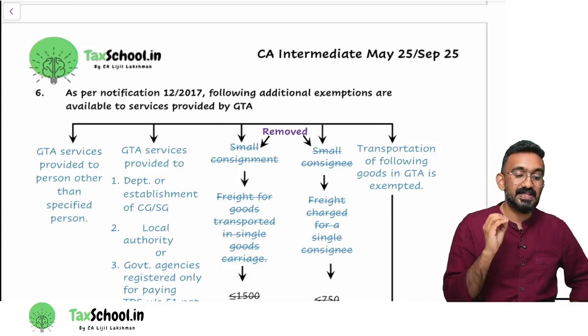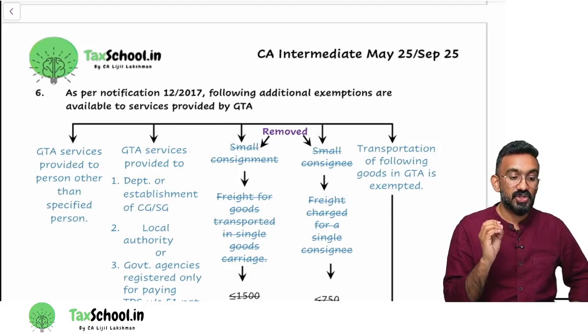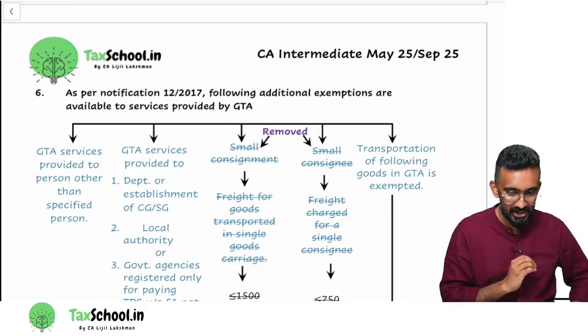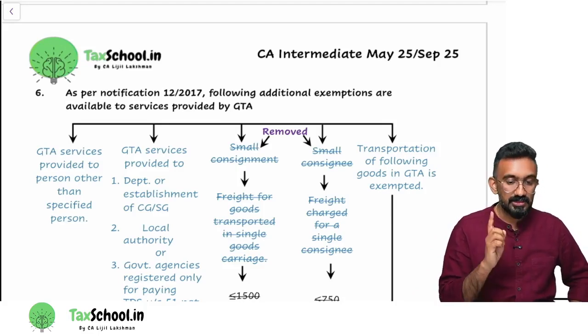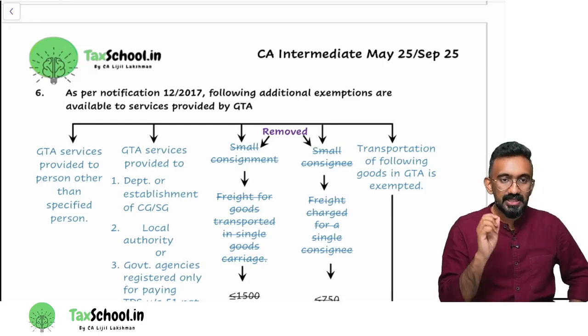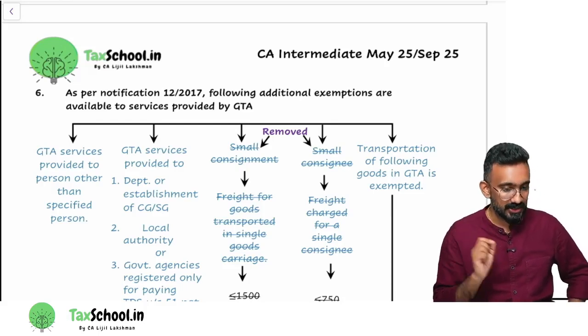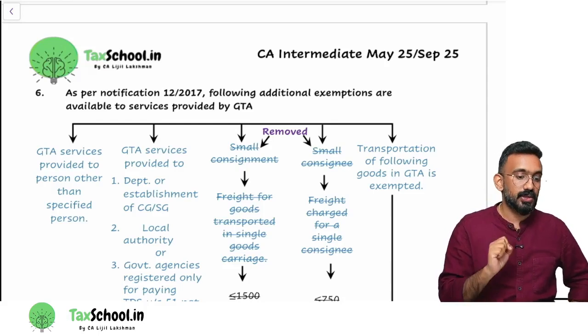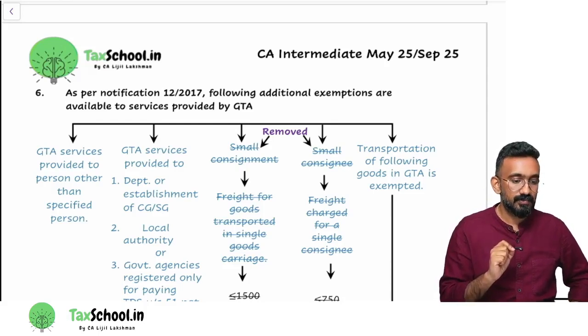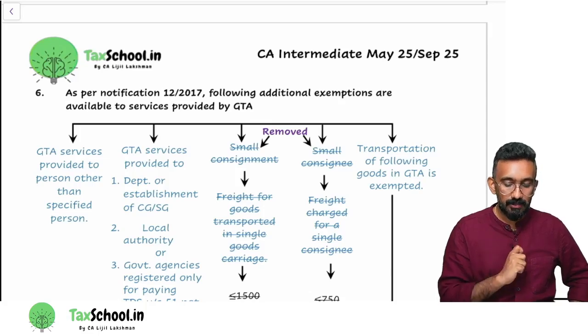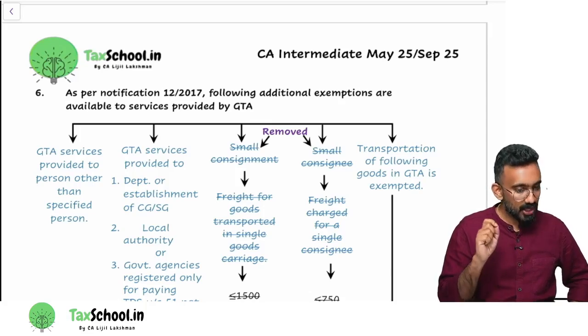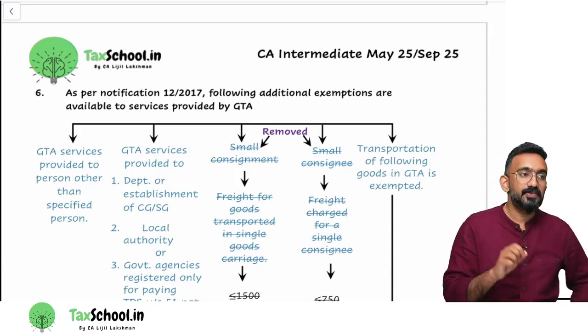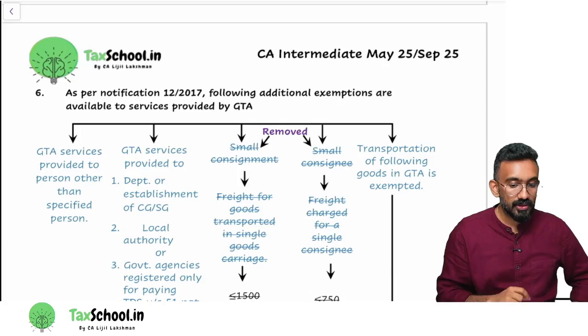S stands for what? Society under the Societies Registration Act. Then C stands for cooperative society. A stands for what? On the chat box, everyone, what does A stand for? AOP, Association of Persons. Very good. Then R stands for?